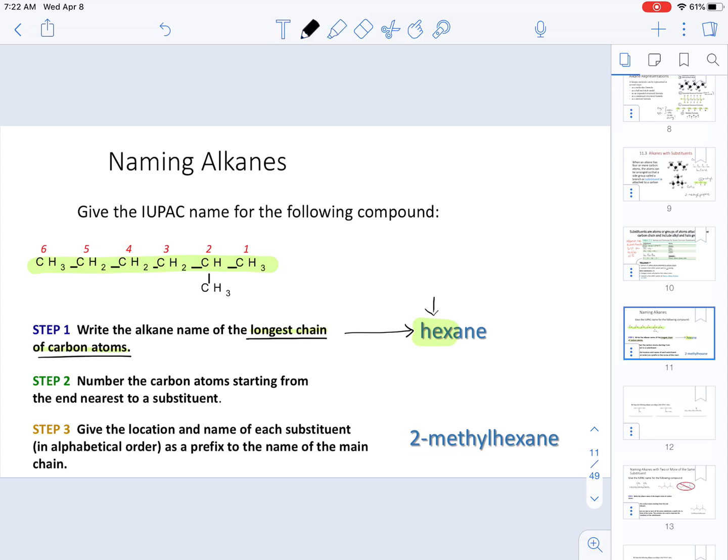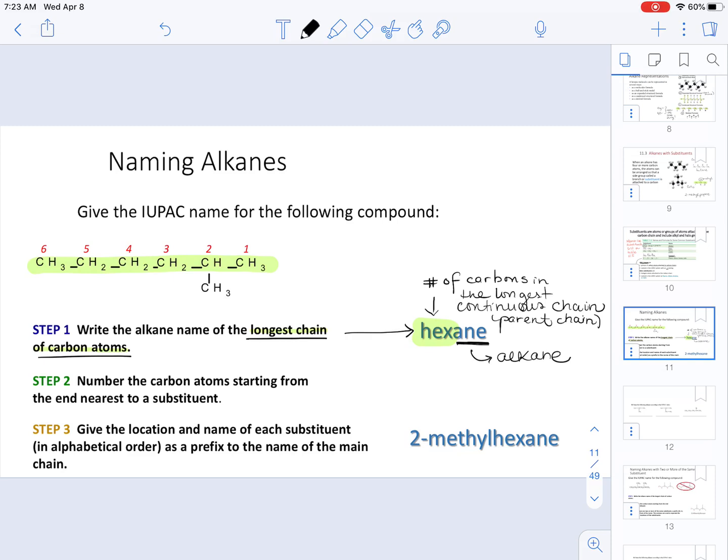Remember, this hex represents the number of carbons in the longest continuous chain. We also call that the parent chain. Because we're dealing with alkanes, the ending is ane. This symbolizes that we're dealing with an alkane.